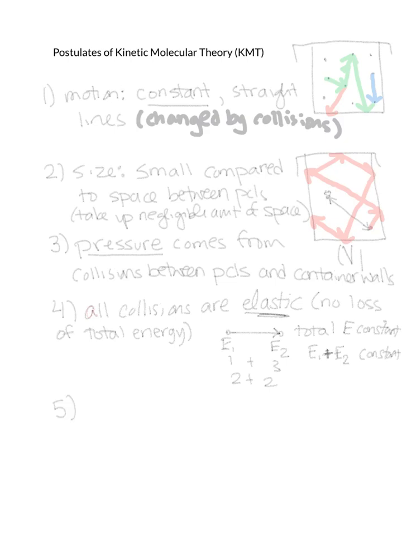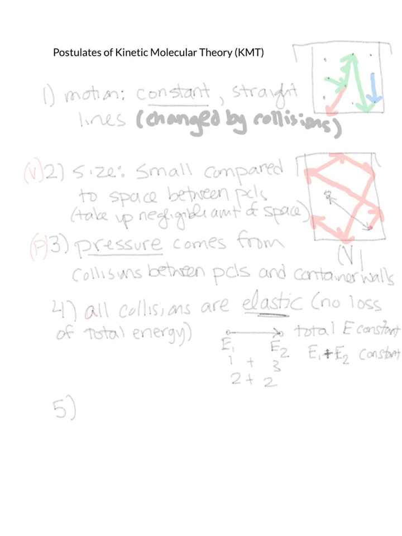So if you've been keeping track of our postulates up to this point, we have an awful lot about N, because every time we talk about what the particles are doing, we're talking about the N in the gas law. We have a whole postulate just on the P of the gas law, and we have a whole postulate just on the volume of the gas law. So you might be wondering, well, where's my postulate on temperature?